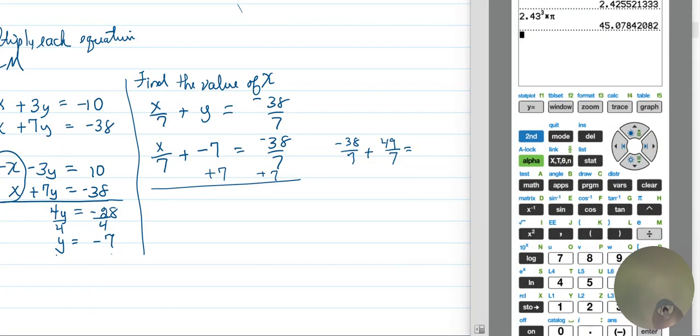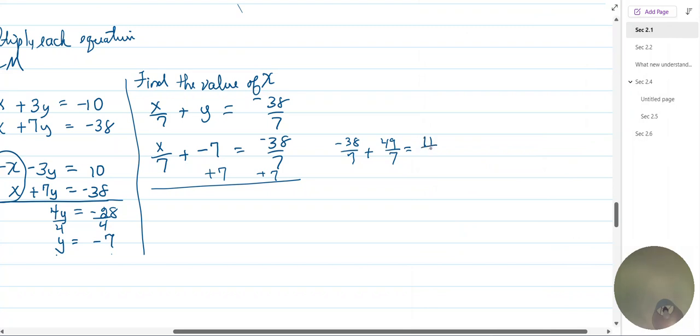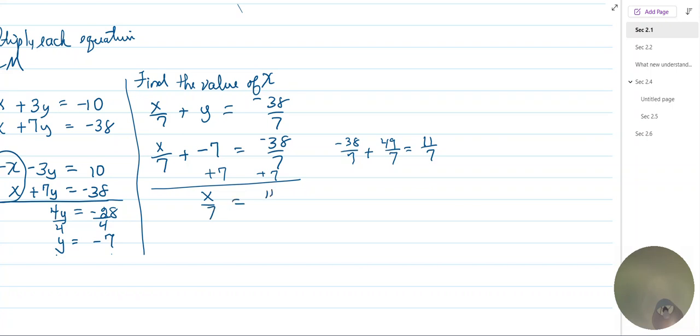So I'm going to write it. Negative 38 plus the 49, and I get 11. And it's positive. So I have x over 7 equal to 11/7. I'm going to multiply by 7, and those cancel, so x is 11.